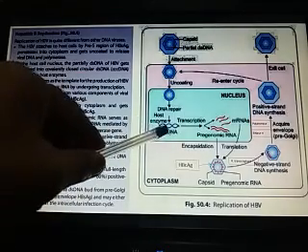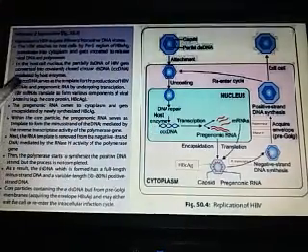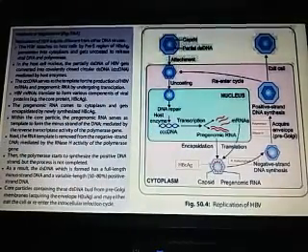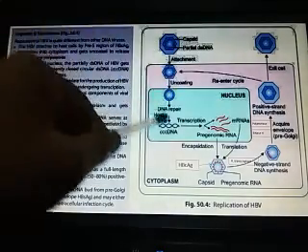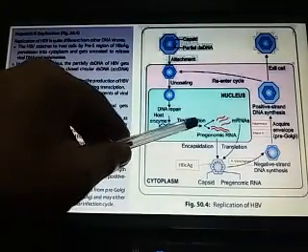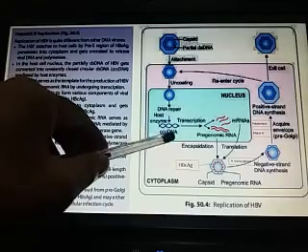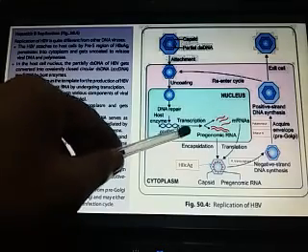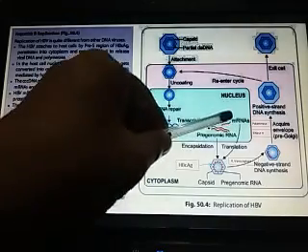Now this DNA is active and can synthesize RNA and protein through transcription and translation. This part is the nucleus. You can see clearly the covalently closed circular DNA here, which by the process of transcription forms mRNA.